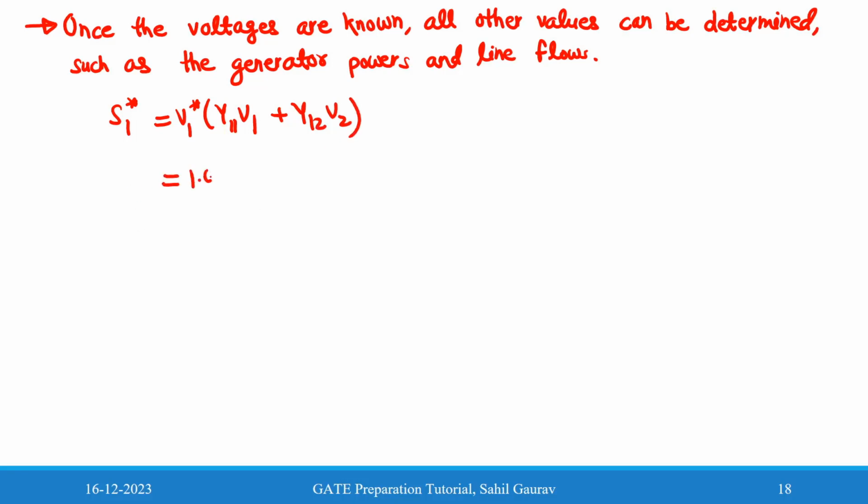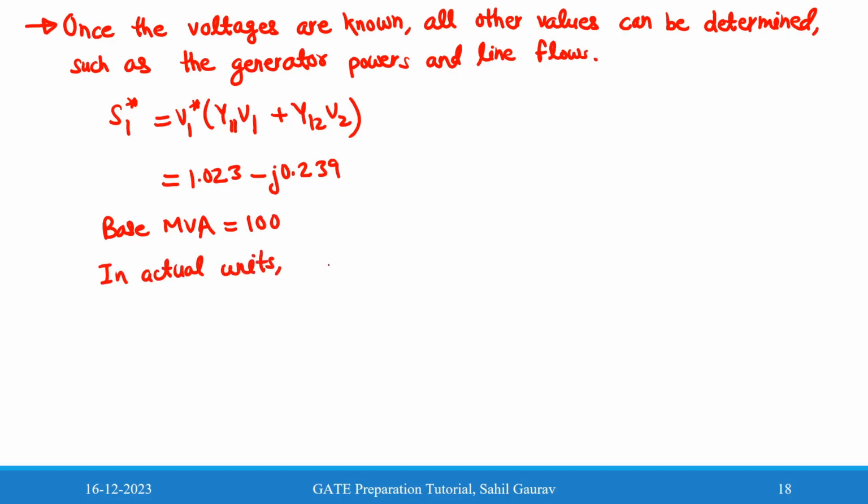So we will get 1.03 minus j0.239. Since the base MVA is 100, in actual units P1 is 102.3 megawatt, and Q1 is 23.9 MVAr.